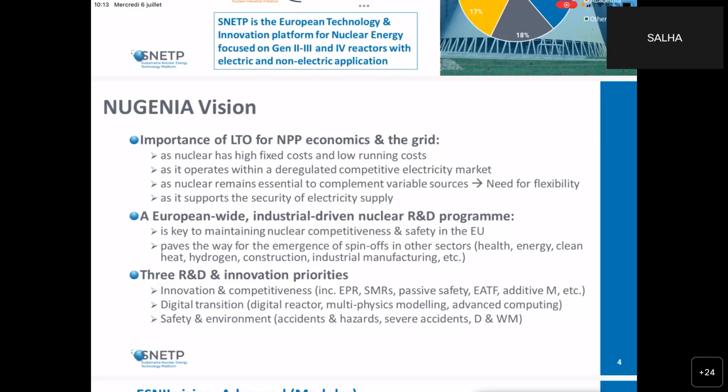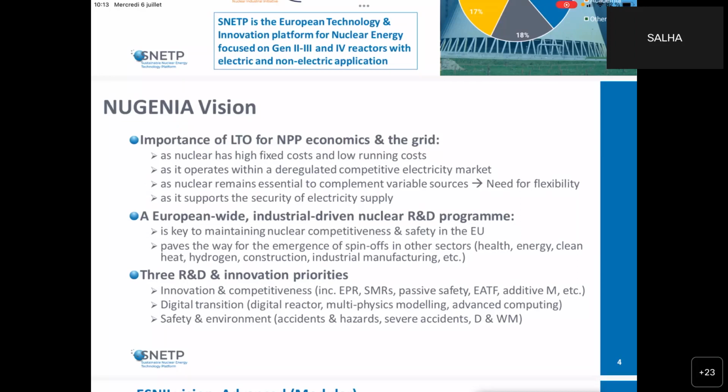They can also provide flexibility on the grid, and given the crisis we are living through at the moment, they are a very important pillar for providing electricity on the European grid. We also need, in order to support this fleet, a European-wide industrial-driven nuclear R&D program to maintain nuclear competitiveness and safety.